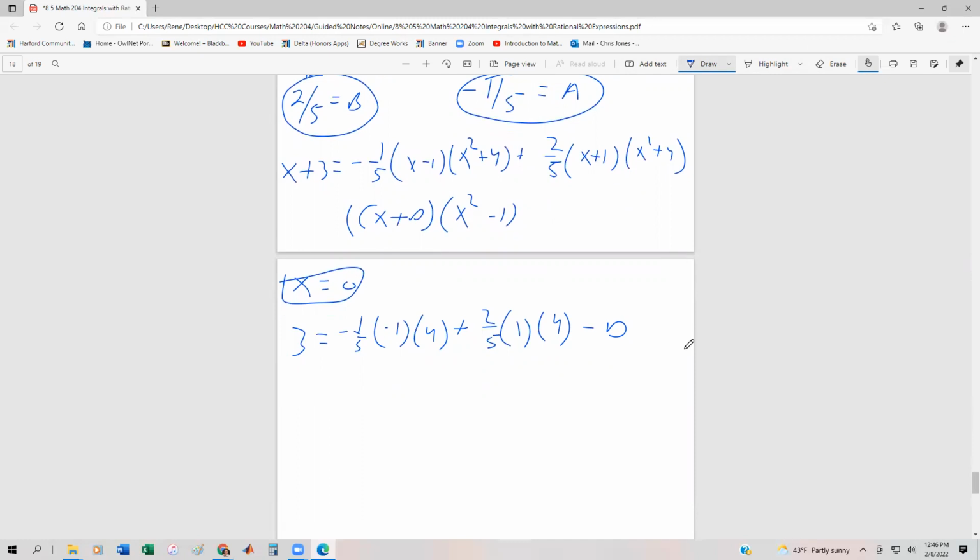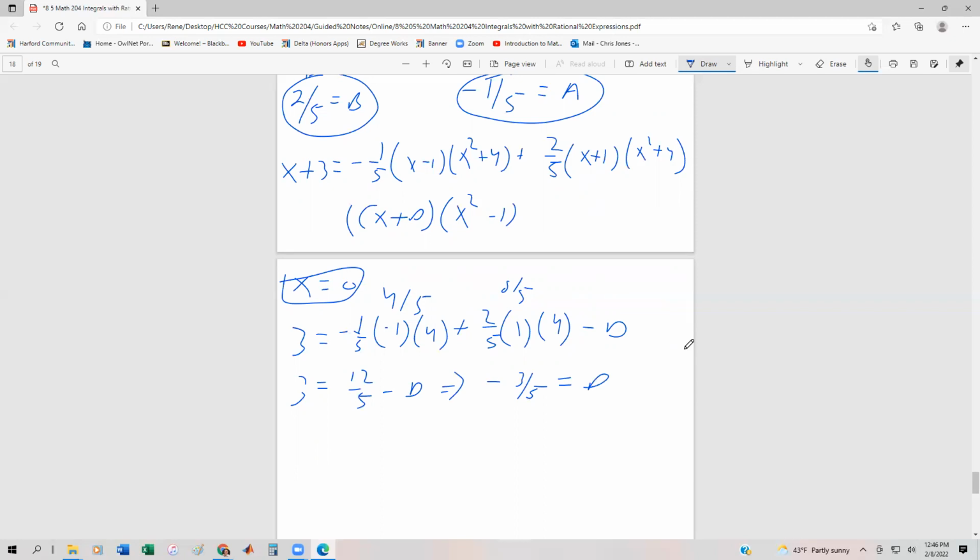So this becomes 4/5, and this becomes 8/5. So that's going to be 12/5 minus d. If we subtract from both sides, we're going to get 3/5 equals negative d. So negative 3/5 should be equal to d.